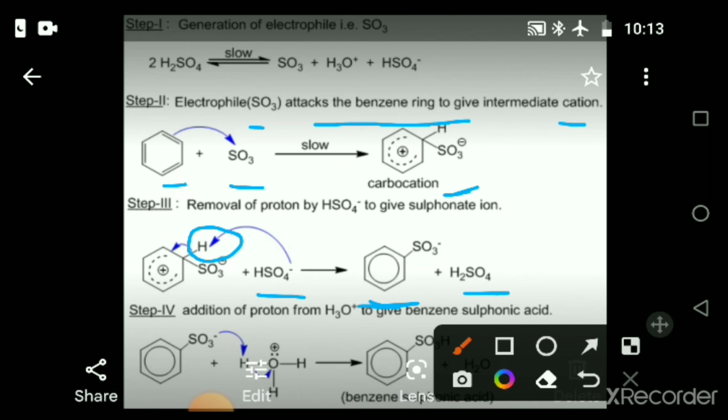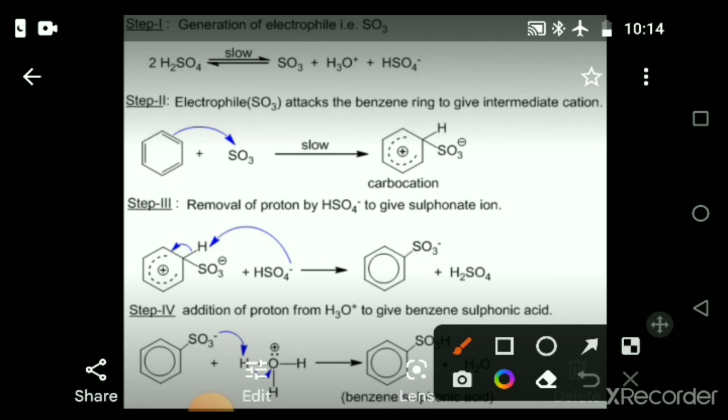Then, coming to why the sulfonation reaction is called a reversible reaction. The process is reversible: it produces benzene sulfonic acid by adding sulfur trioxide and fuming sulfuric acid.